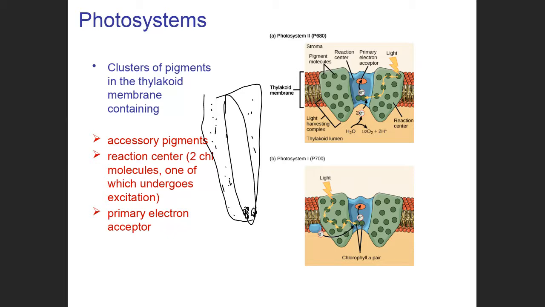Photosystem 1 and 2 both have the same structure, but they differ in the peak of absorbance of the pair of chlorophyll A. In photosystem 2, the peak of absorbance of chlorophyll A is 680 nanometers, and in photosystem 1 it is 700 nanometers. So photosystem 2 is called P680, and photosystem 1 is called P700.